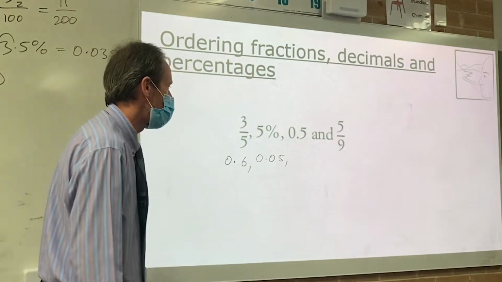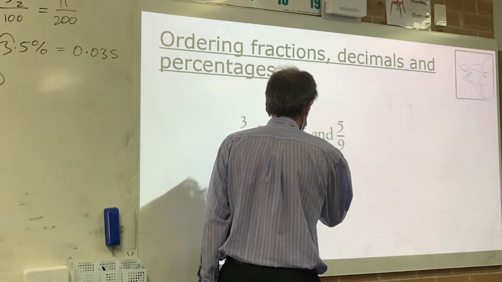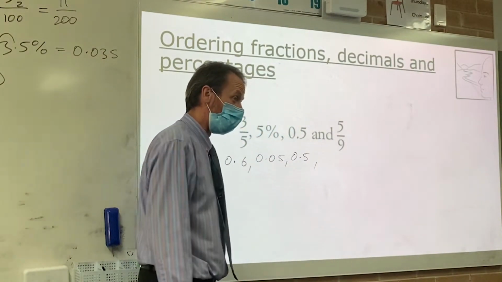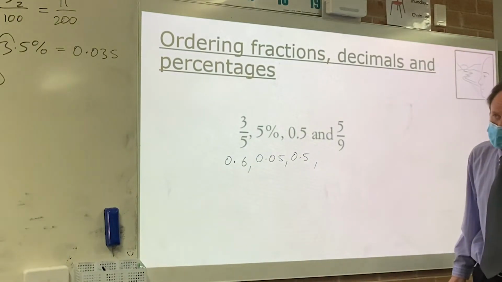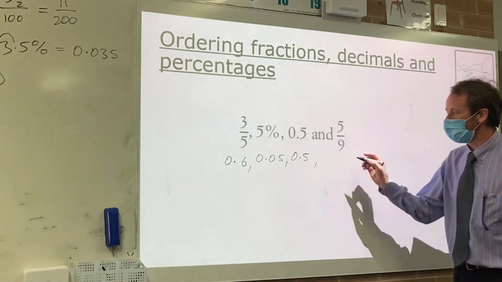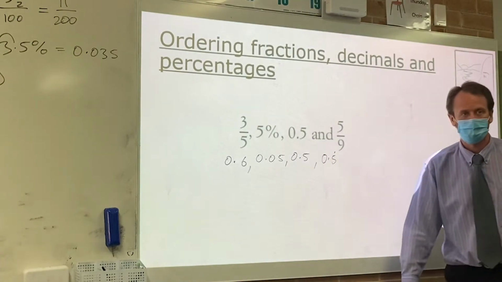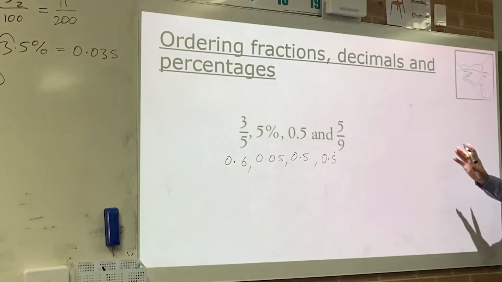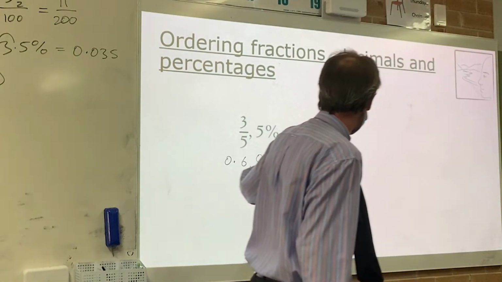That's 5% as a decimal. 0.5 is 0.5 as a decimal. Now 5/9. You may not know this one, that's all right, but it happens to be 0.5 repeater. So 0.5555555.